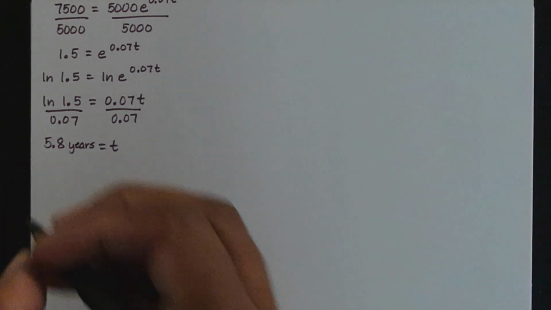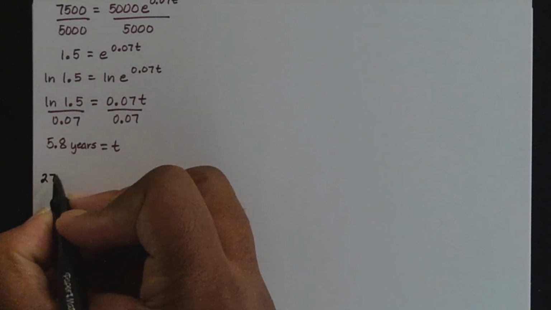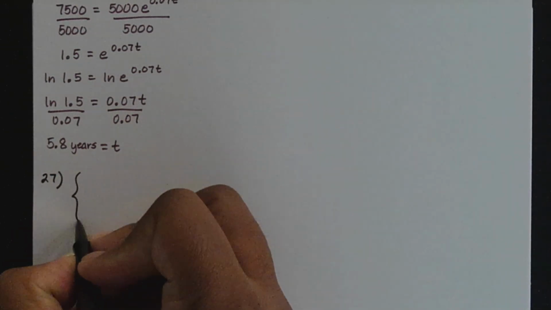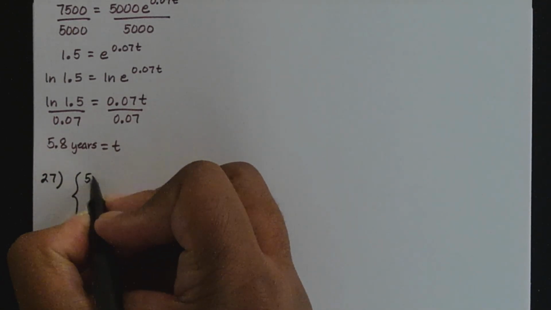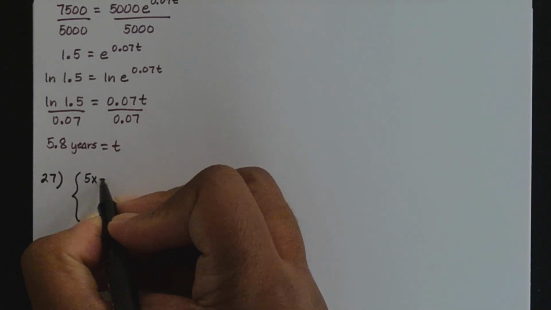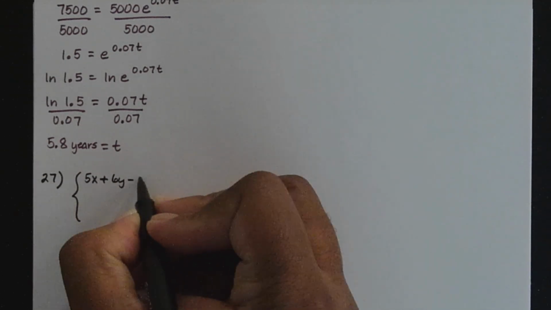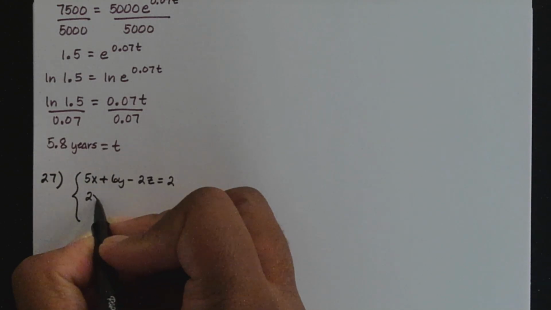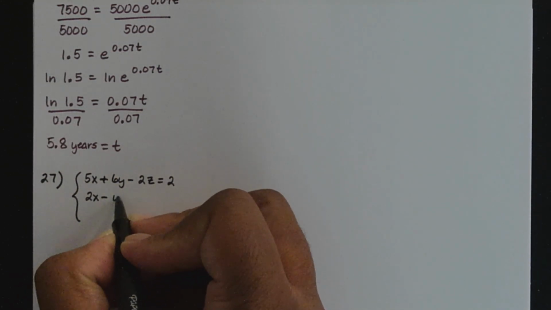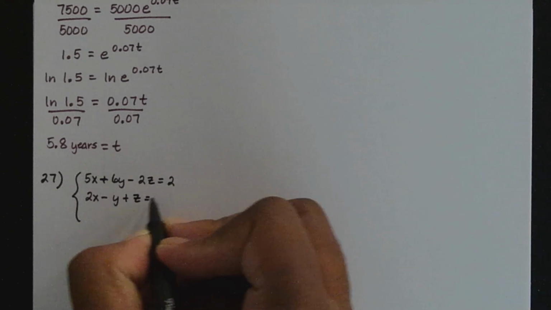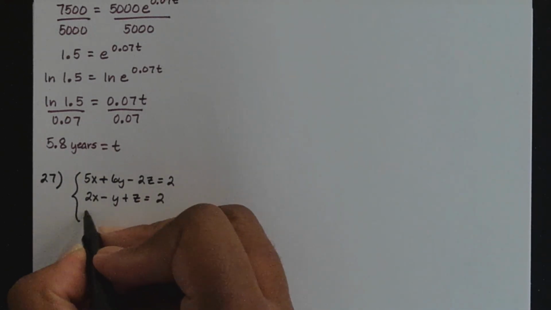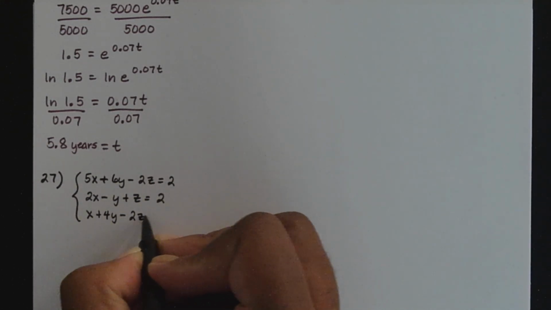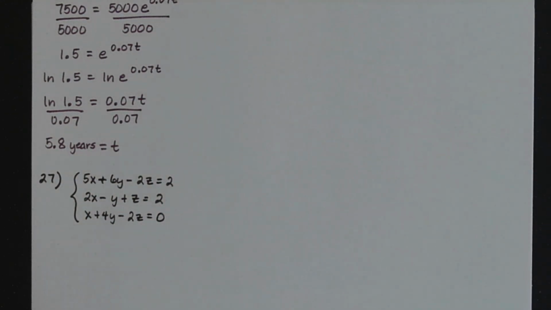All right, number 27 is solving a system of equations in 3 variables. So here we got 5x plus 6y minus 2z equal to 2, and then 2x minus y plus z is equal to 2, and x plus 4y minus 2z equal 0.